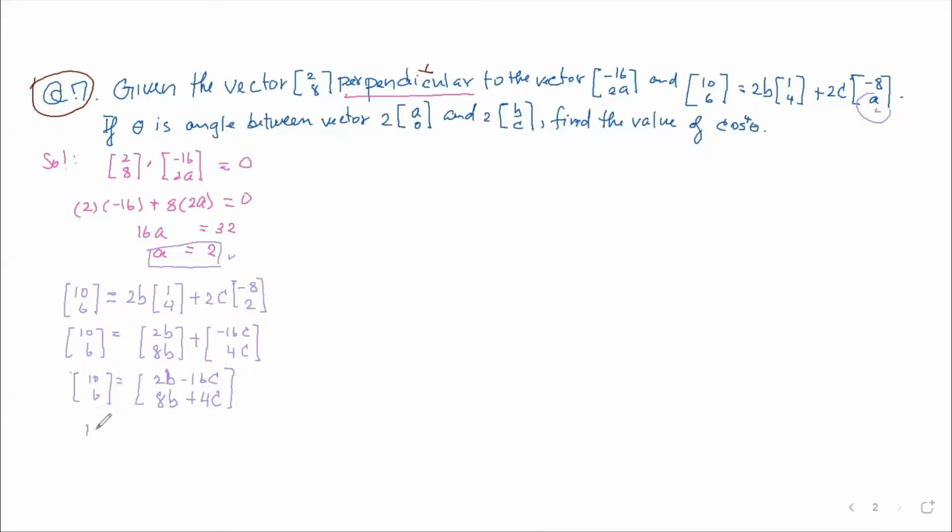We have 10 equal to 2b minus 16c, and then 6 equal to 4b plus 4c. Okay, so you can say this one equation 1 and equation 2. Now we can simplify, right?